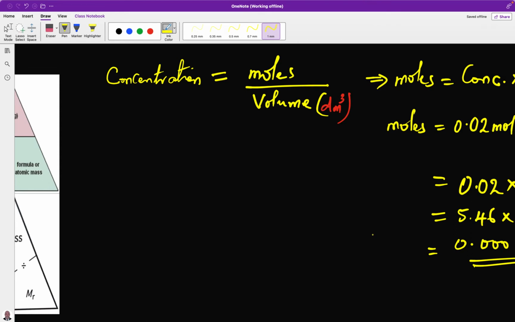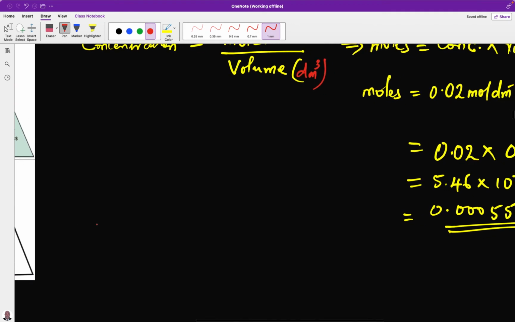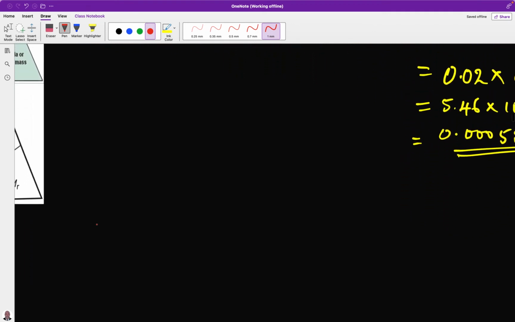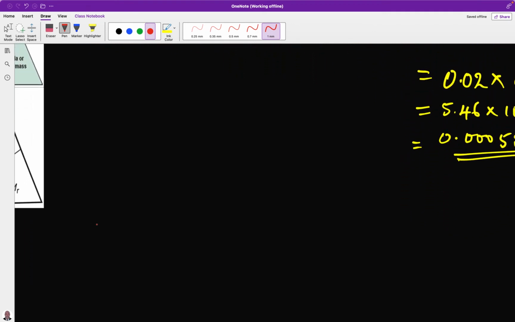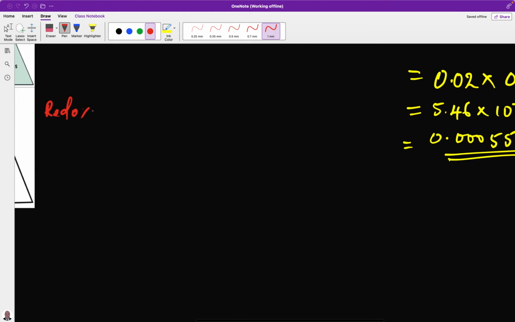We don't know the number of moles of dichromate that reacted with iron. So the first thing is we need to write a redox equation to know the number of moles that were reacting. Dichromate is a reduction.